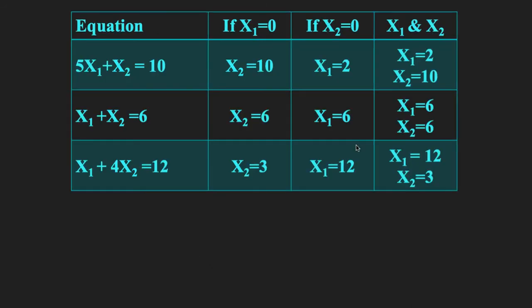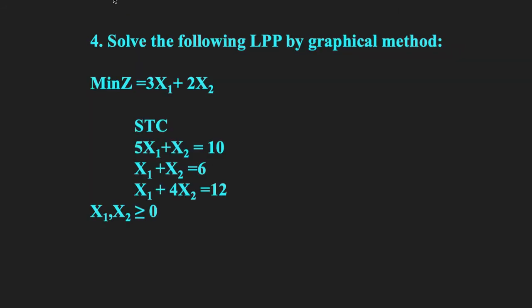Hence we are going to get these equations: min z is equal to 3x1 plus 2x2 subject to constraints, and we have all these equations here.